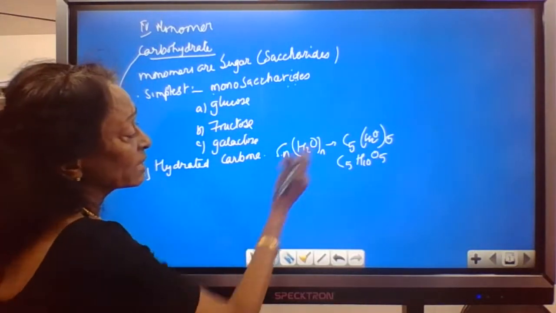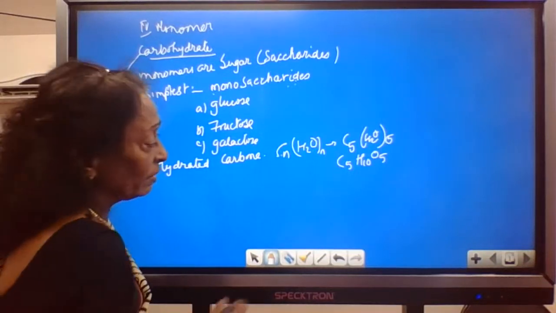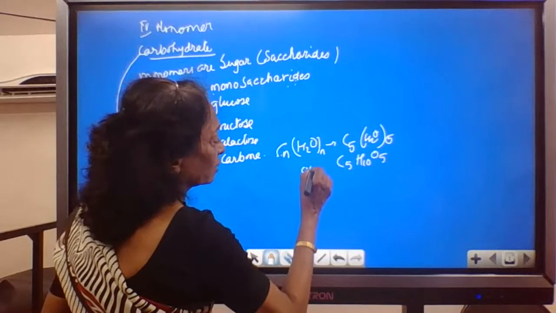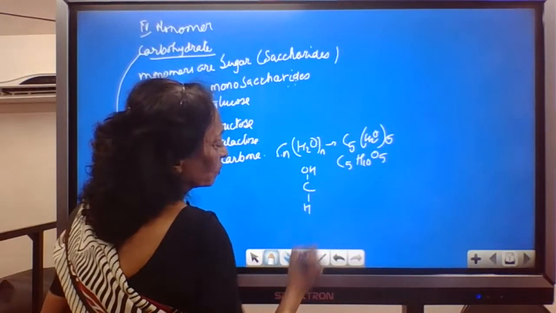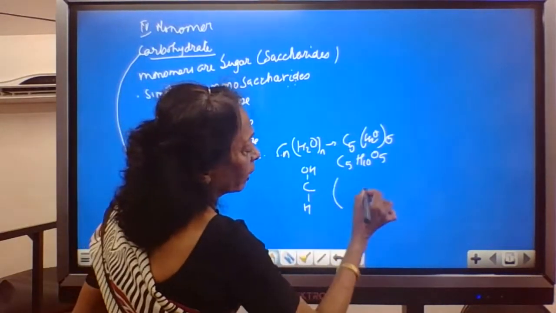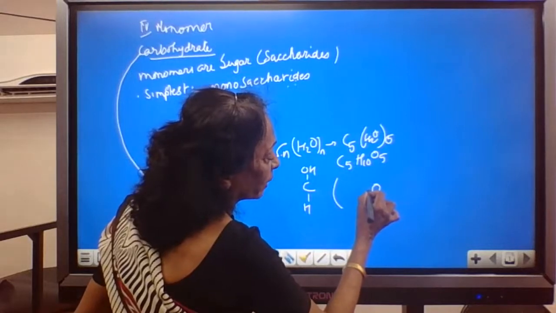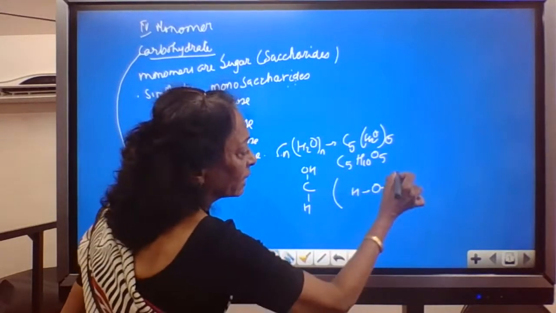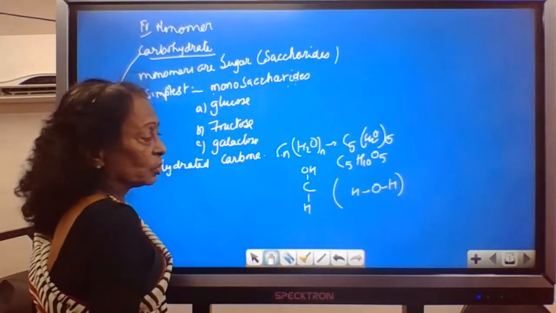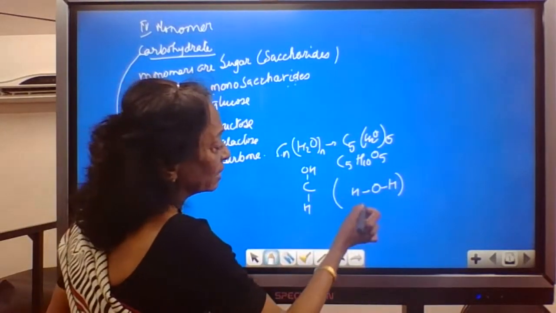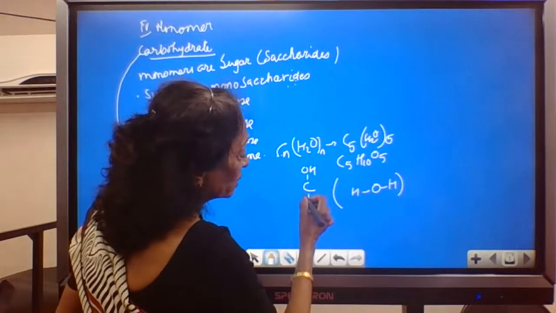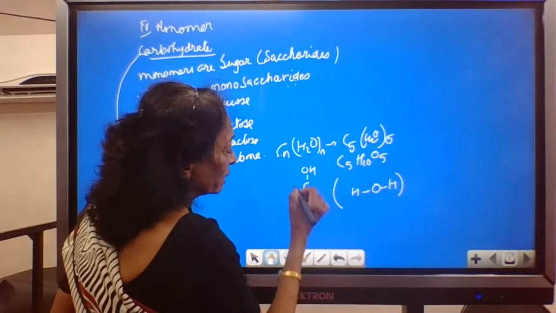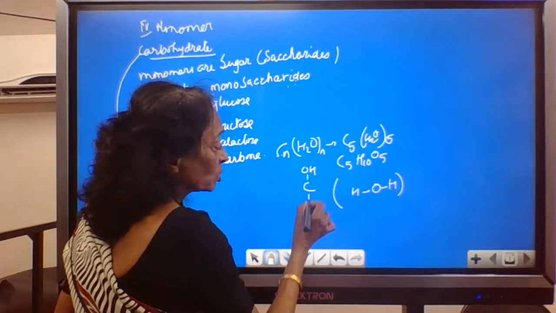If I want to write this as a structural formula, every carbon atom has one hydrogen atom, and you know very well water is a polar covalent compound. The water is split as OH and H, with the H on one side and the OH on the other side.